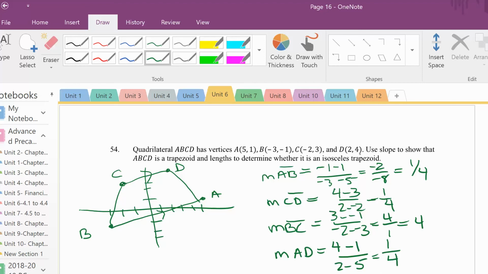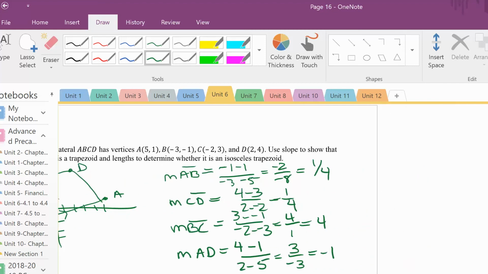I was doing D to C instead of D to A. So it's 3 over -3, which is -1. So we just proved that BC and AD are not parallel. So that proves that's a trapezoid.